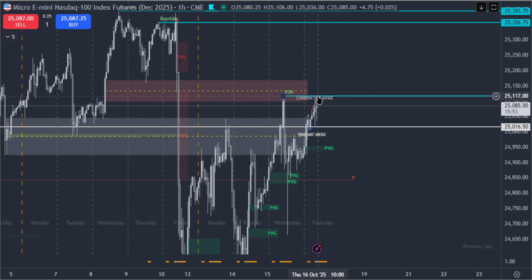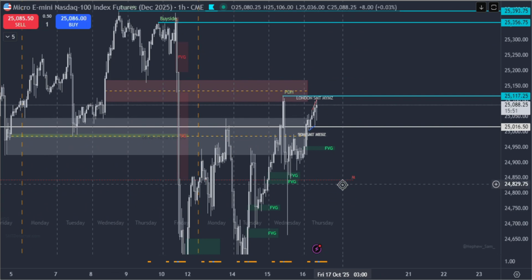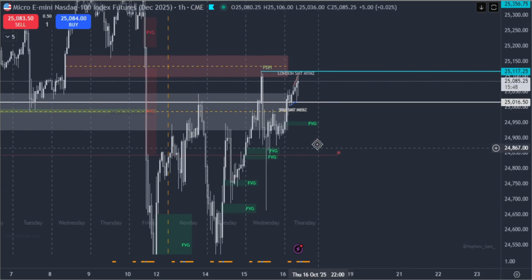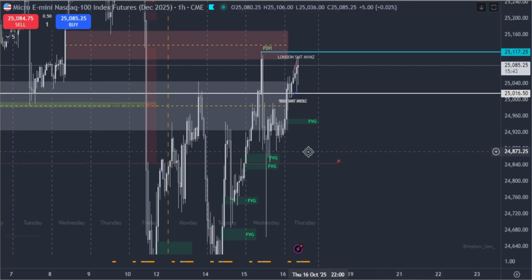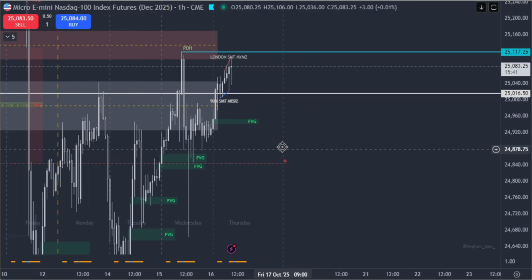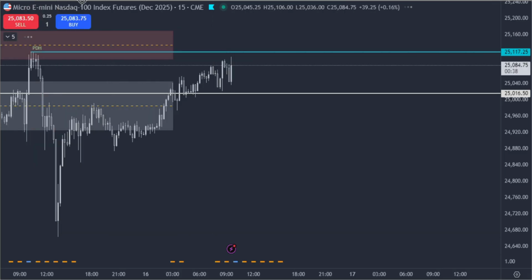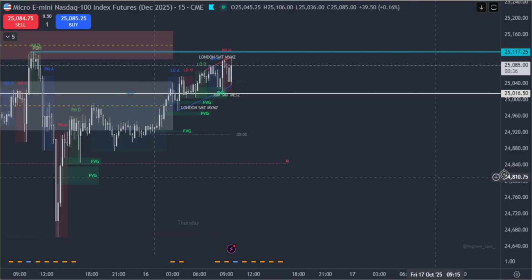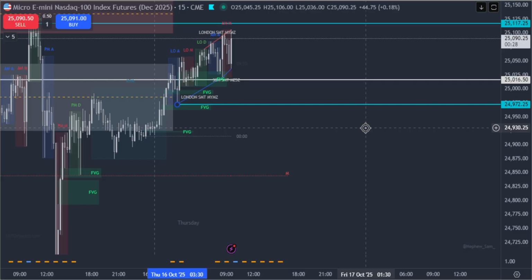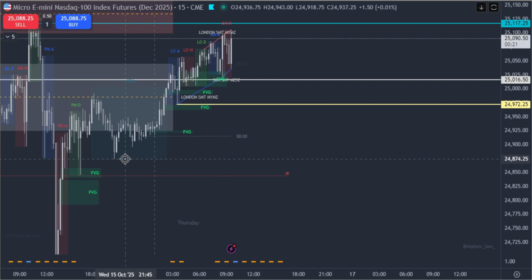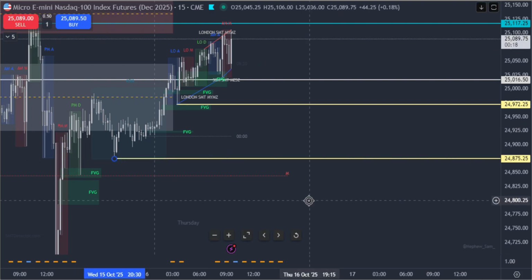we take previous day high, so keep in mind, whenever you're looking at a high or a low, you're going to target it as liquidity, right? And if I zoom into the 15 minute, we can look at another low, which can be London low and Asia low.